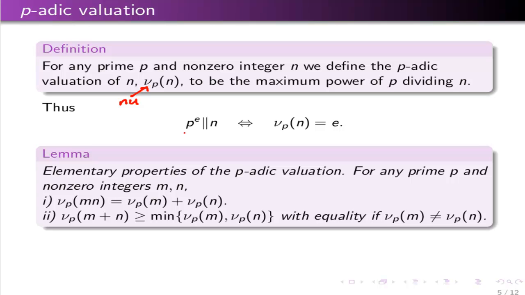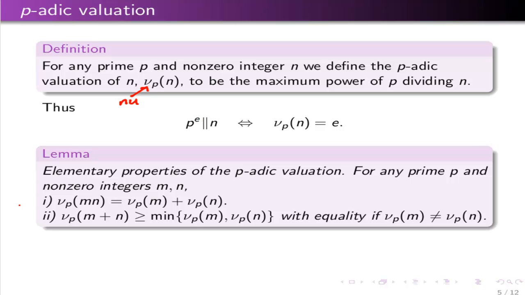So if p to the e is the multiplicity of p dividing n, that's equivalent to saying that nu sub p of n equals e. So e is the maximum power of p dividing n. Okay, so what are some elementary properties of this p-adic valuation?